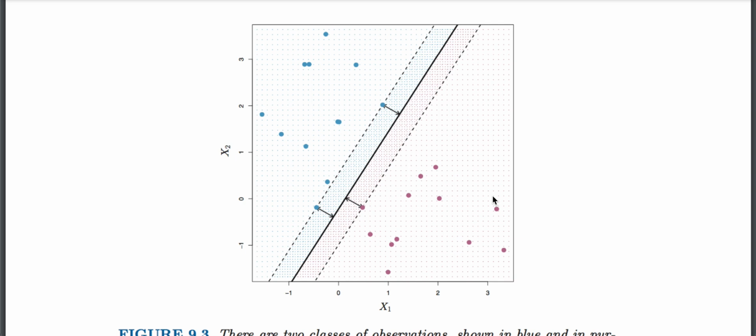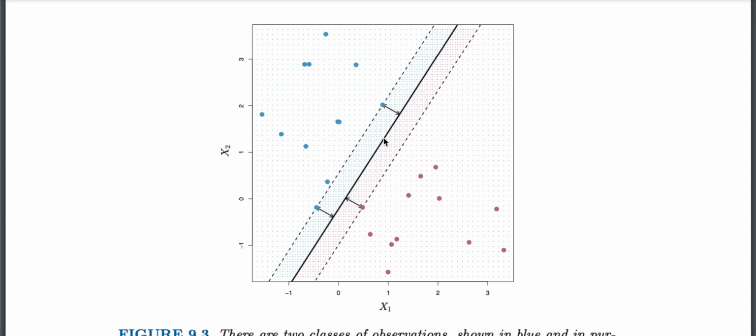So in the training observations, the points that are closest to the hyperplane, there will typically be a group of them. These will be equidistant from the maximal margin hyperplane.